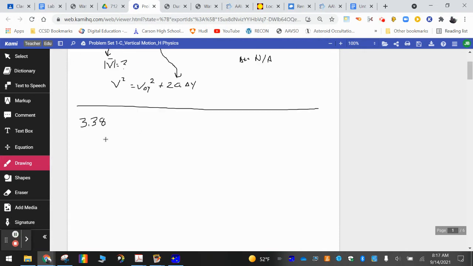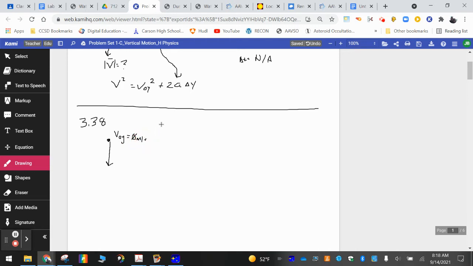All right. So now we're on problem 3.38. It says, how far will a brick starting from rest fall freely in 3 seconds? Again, this object is dropped from rest and going in this direction. So we know that v0y is going to be 0 meters per second, starting from rest.